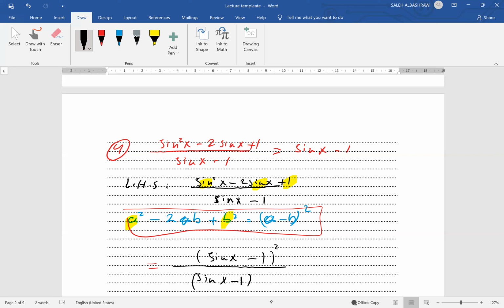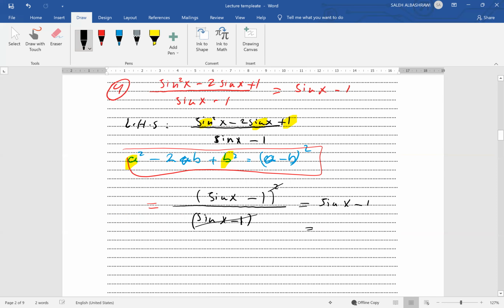So I can cancel the denominator with the square. I will have sine x minus 1. And this is equal to the right-hand side.